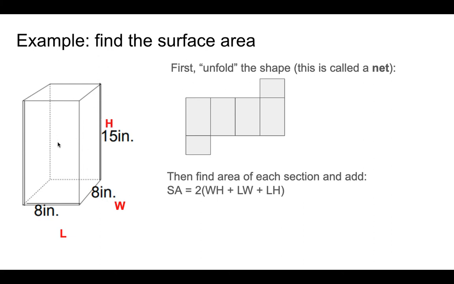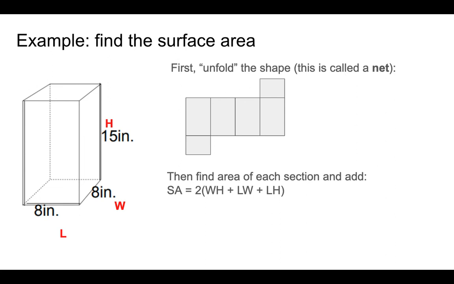We have one here and we have another one here. And then length times width, that's the base, but we will have one here and one here. So there's going to be 2 of those. And then length times height, so this face, the front face, and then the back face. So there's 2 of those too. So this breaks it down nicely for you how to calculate it for a rectangular prism at any time.